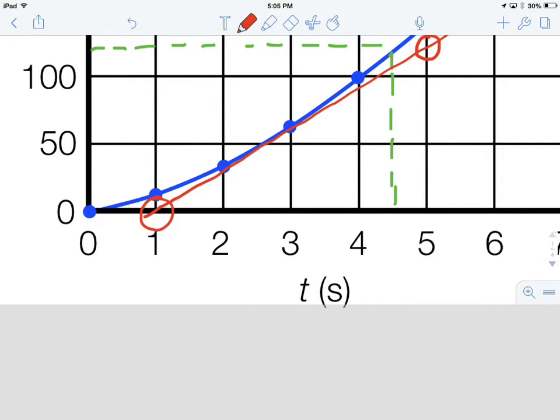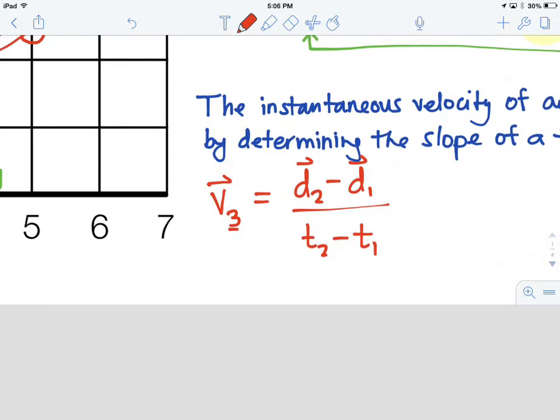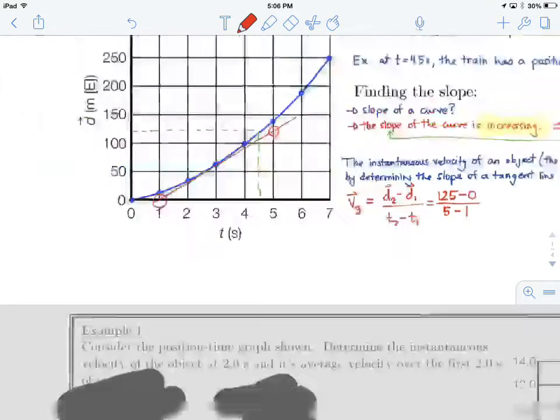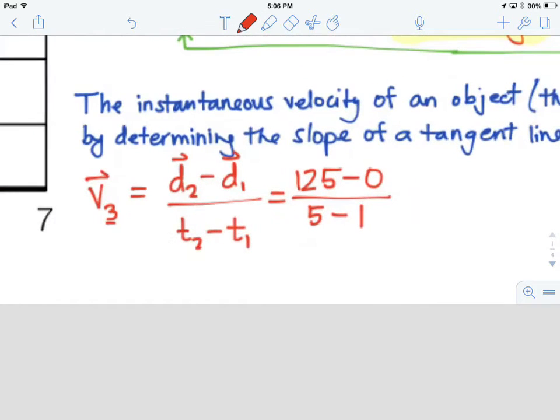This looks relatively accurate. Again, we're doing a little bit of eyeballing. We can now say D2 up at the top there was 125 meters minus D1, which was 0, divided by 5 seconds minus 1. So here I have 125 meters at 5 seconds, and 0 meters at 1 second. If I sub these numbers in, I get 125 divided by 4.